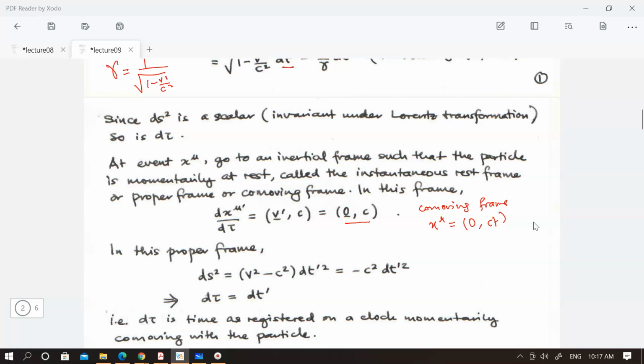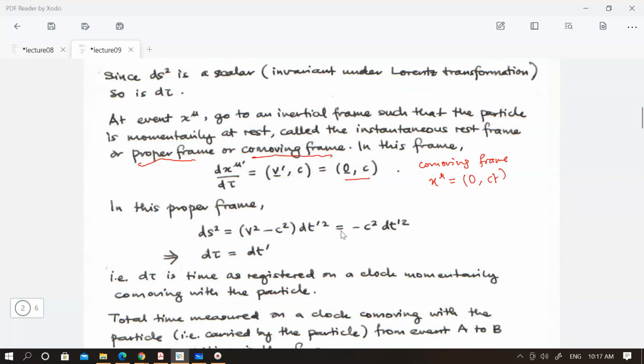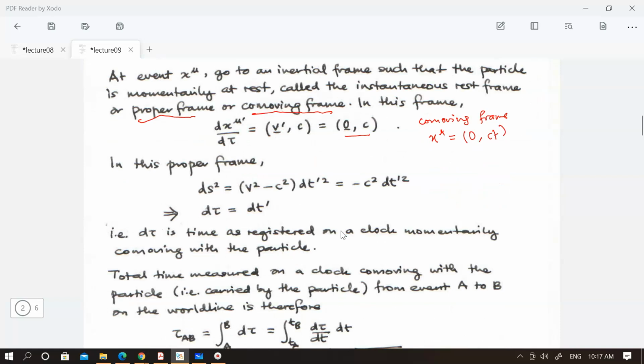Or you can have different fixed coordinates here. So essentially we normally consider this idea of the proper frame to help us analyze kinematics inside this moving particle. So if you look at what happened here, if you just consider the proper frame or the co-moving frame, your v squared is now replaced by 0 here.